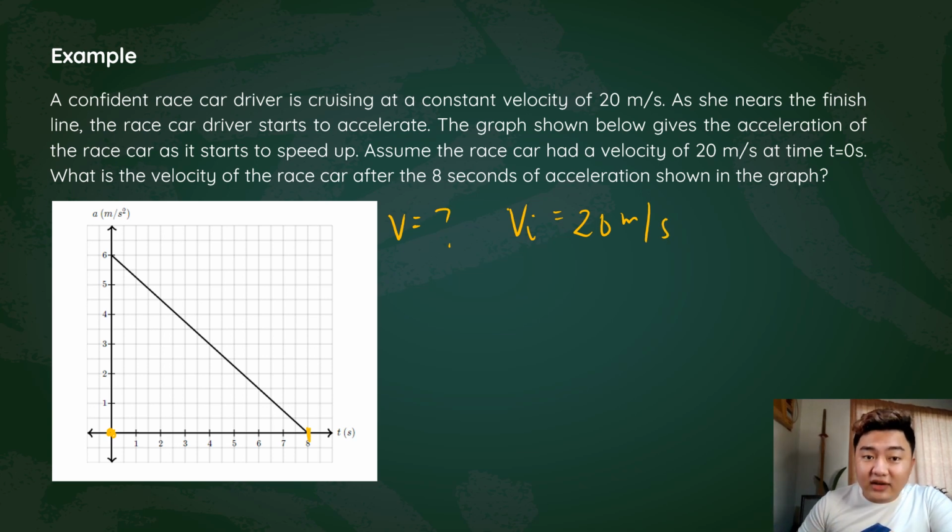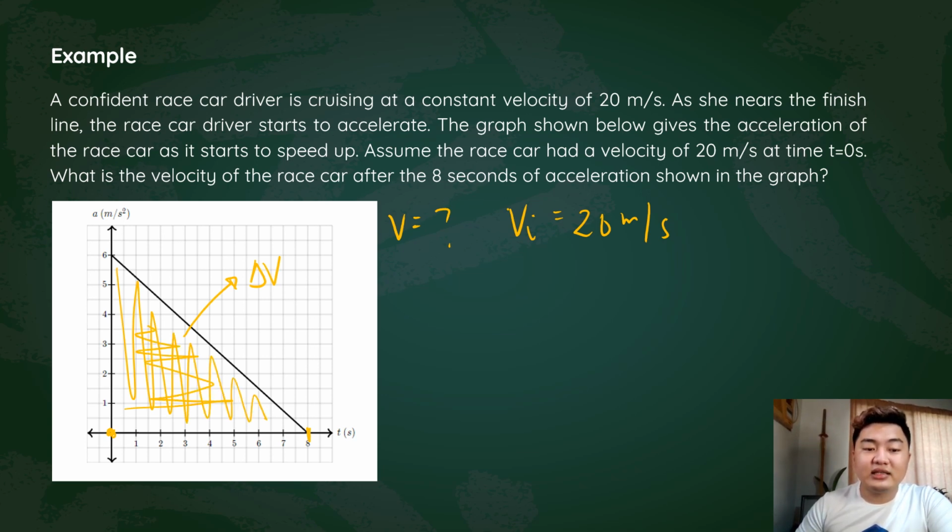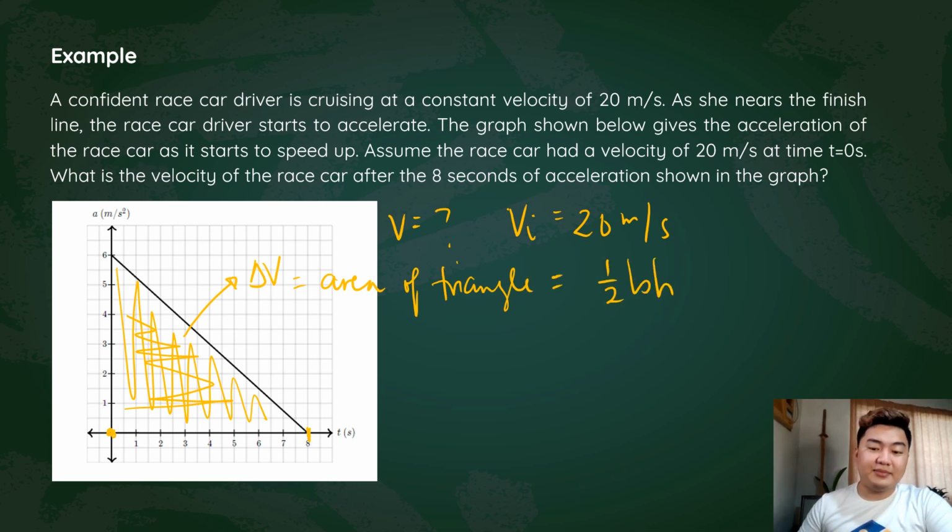Out of this graph, what we can solve for is the change in velocity, because the area under this graph is equal to the change in velocity. Since that's a triangle, the area of a triangle is equal to 1/2 base times height. What's the base? The base is the time, which is 8 seconds.